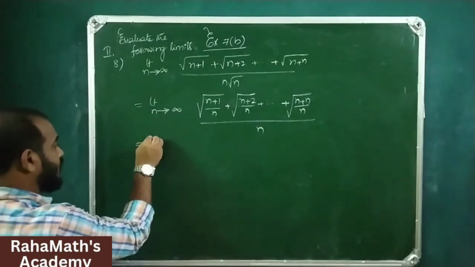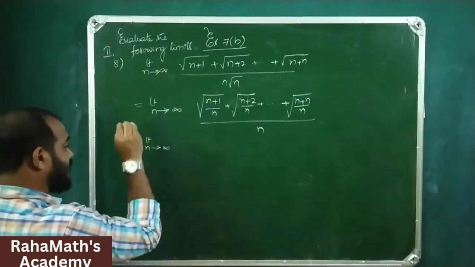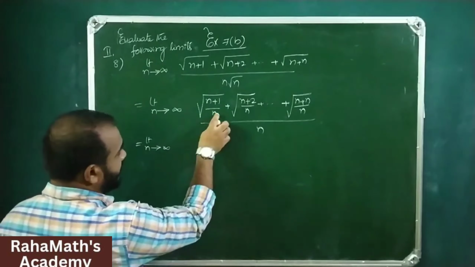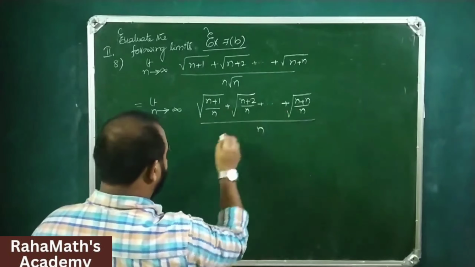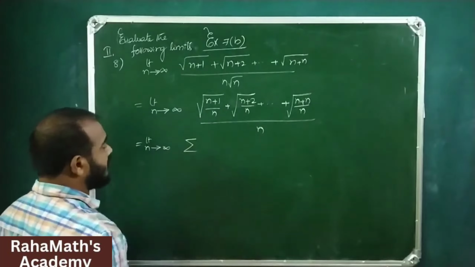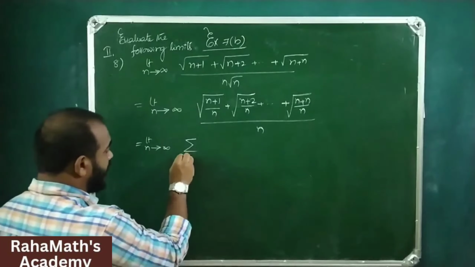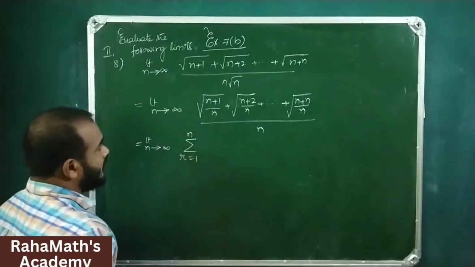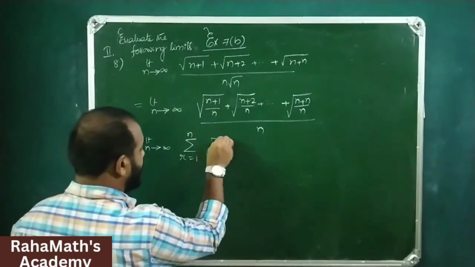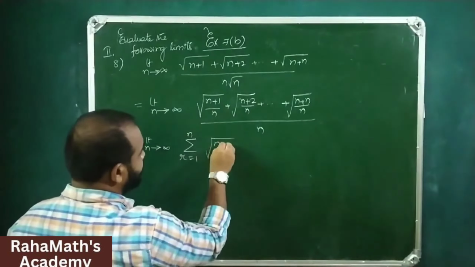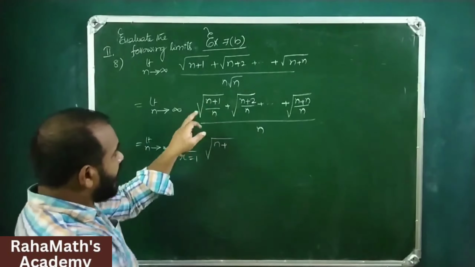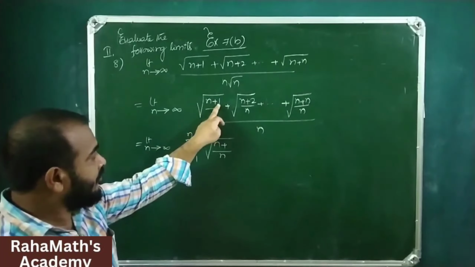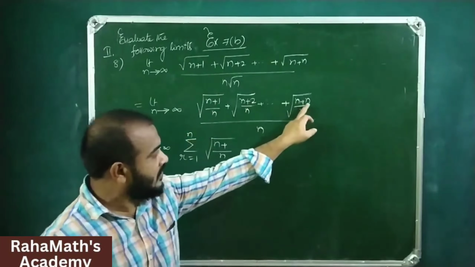So this is equal to limit n tends to infinity. Since this is the summation of the series, I can write the sigma notation, r runs from 1 to n, square root of n plus. So this n by n is common, but here this is 1, this is 2, and etc. This is n.